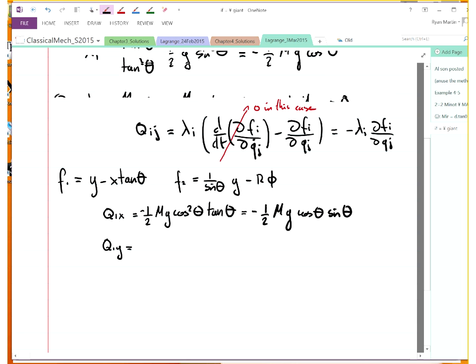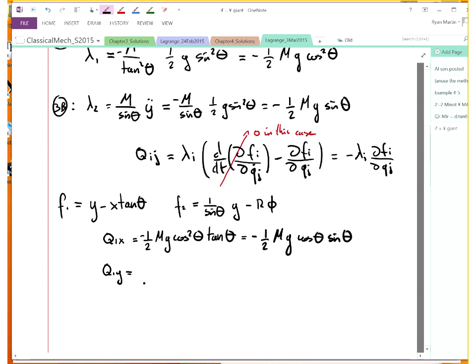Then we have Q1y. I have minus lambda 1, so that's a half mg cos squared theta, and that's got to multiply ∂F1 by ∂y, which is just 1.